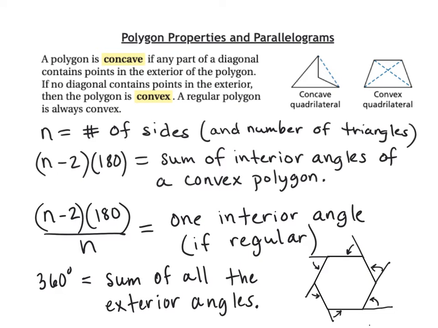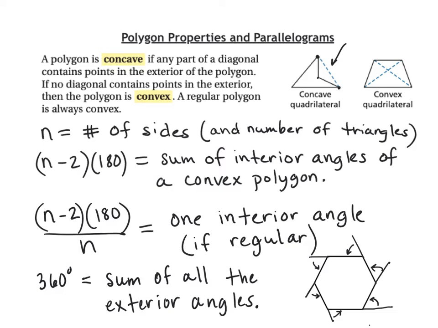I mentioned briefly on the other page that this n minus 2 times 180 only works with convex polygons. A concave polygon, like this one, is caved in. See how I can connect two vertices and have points that are inside that created figure?